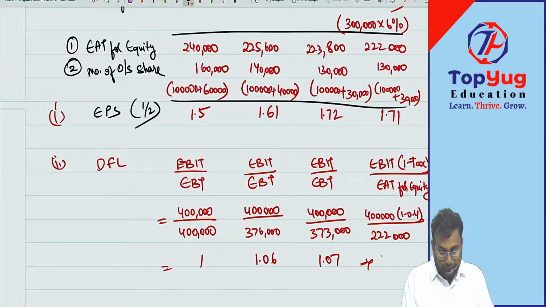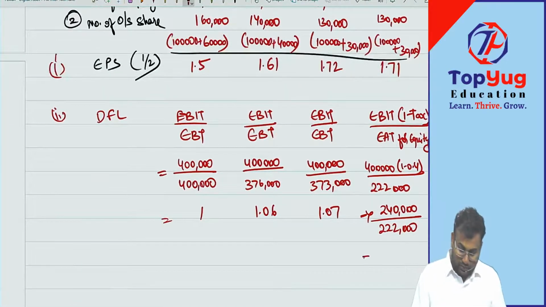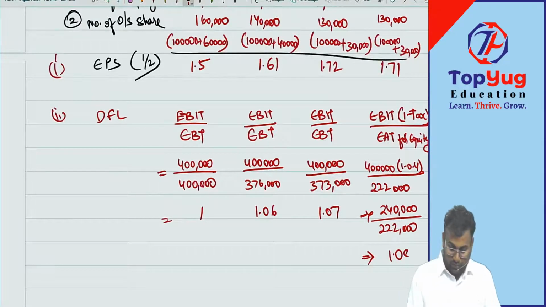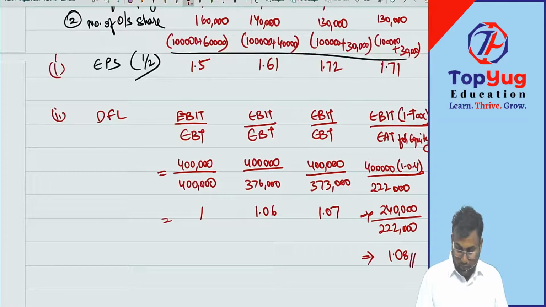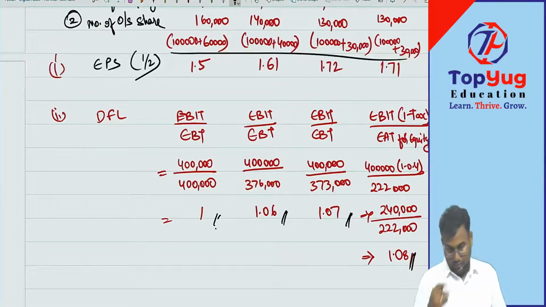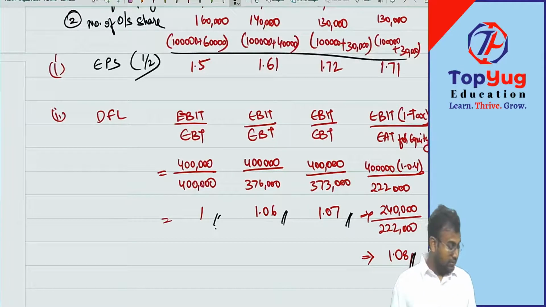That would stand to 2 lakh 40,000 divided by. Please make a note.